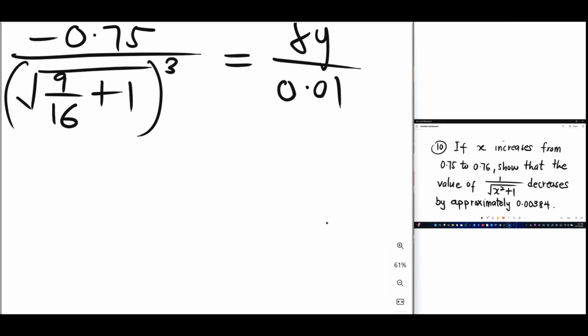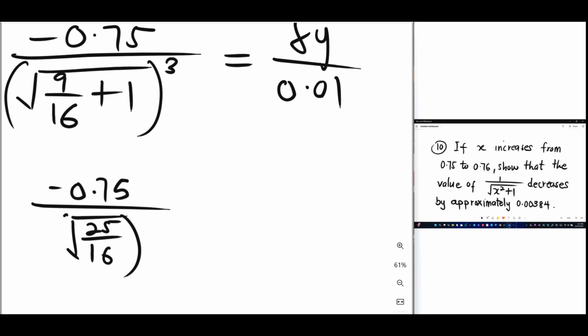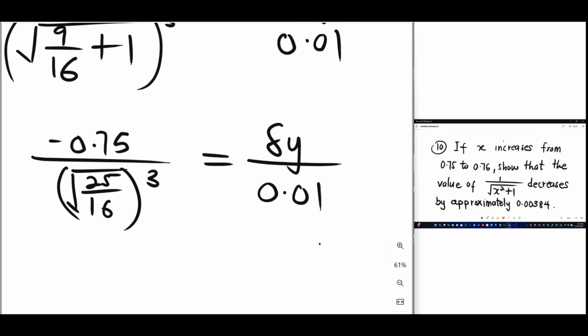Let's continue. So we still have our negative 0.75. Then now work on the bracket, the one inside the square root. So we have 9 divided by 16 plus 1, and that will give us square root of 25 divided by 16, all in bracket, having an exponent of 3, equal to small change in y divided by the small change in x, which is 0.01.